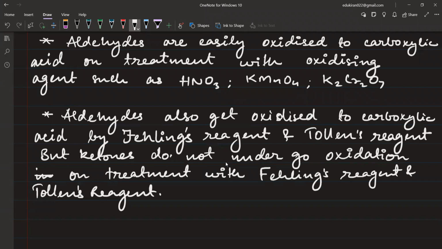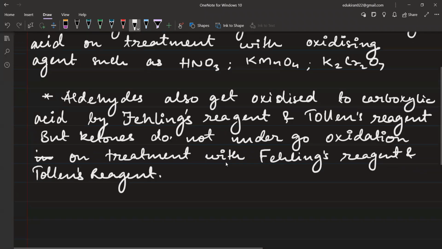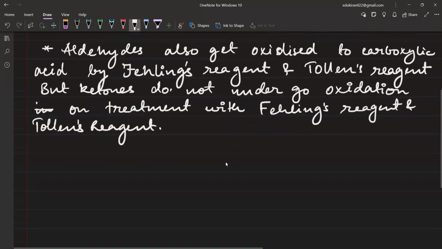Okay. So we can use Fehling's reagent test or Tollens test for distinguishing aldehydes from ketones.